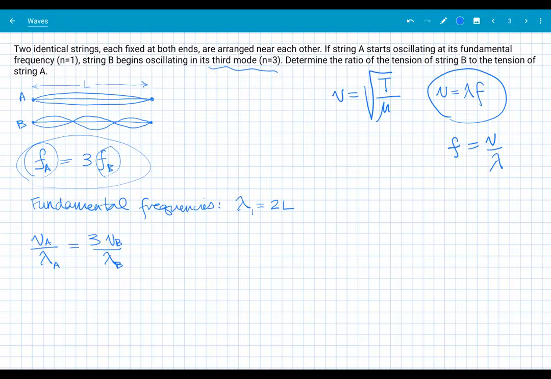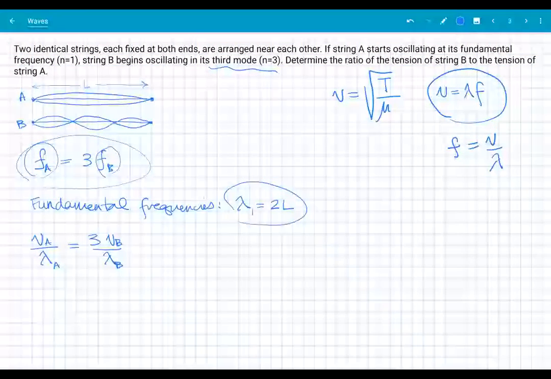And then I can move on using this relationship, reminding myself that I can define the wavelength for the fundamental mode. You might be wondering why I keep going back to the fundamental mode here. The reason is that in every one of these standing wave problems, I'm going to try to model for you utilizing what you know about the fundamental frequency.